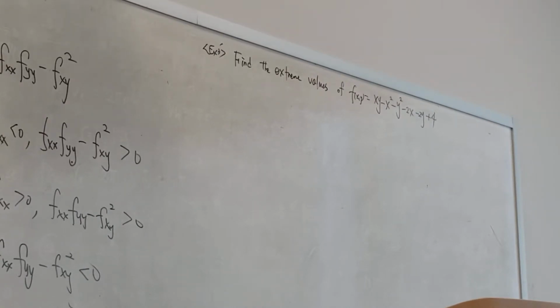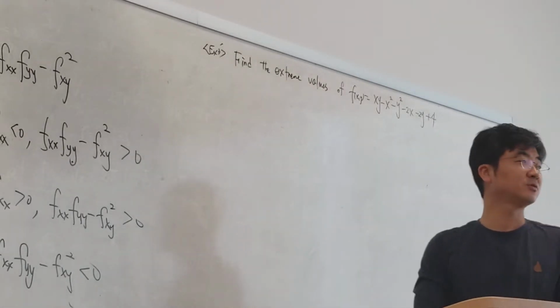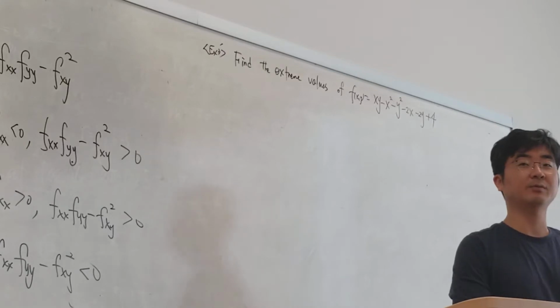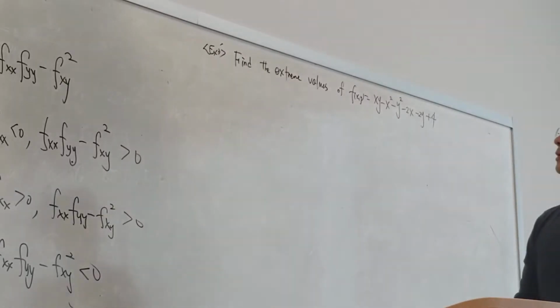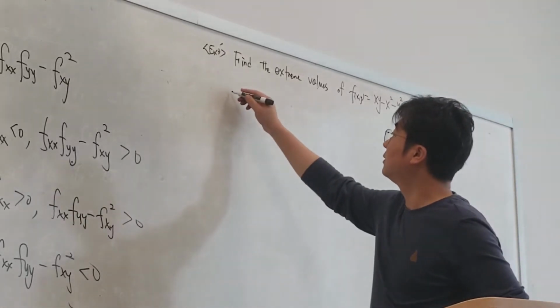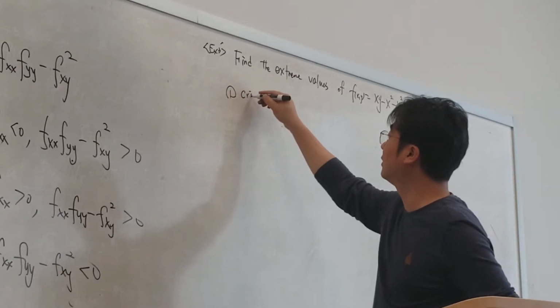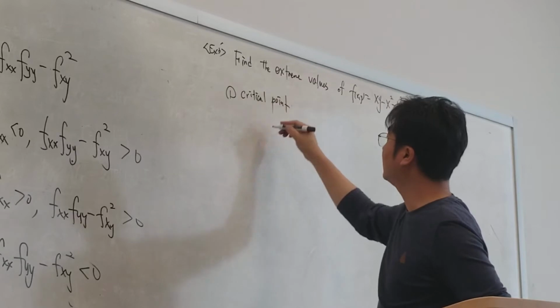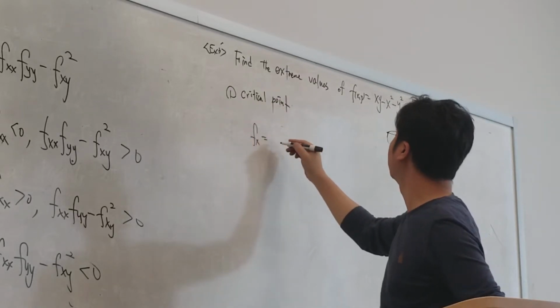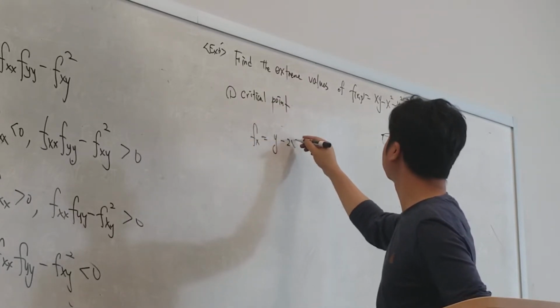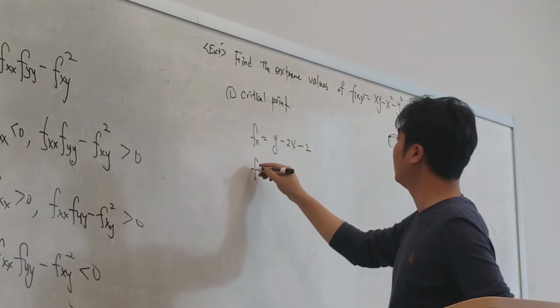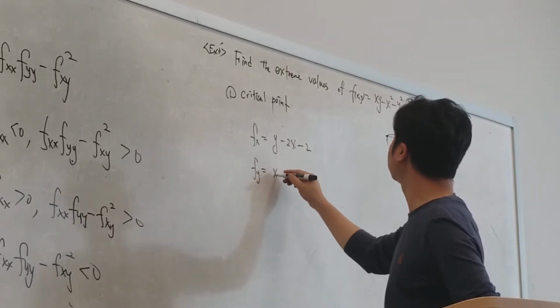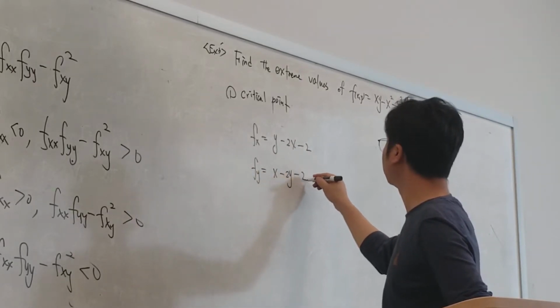So let's do it. Again, to get the extreme value, first we should know the location. In other words, we have to find the critical point, right? So number 1, critical point. Let's get f_x equals y minus 2x minus 2, and f_y equals x minus 2y minus 2.